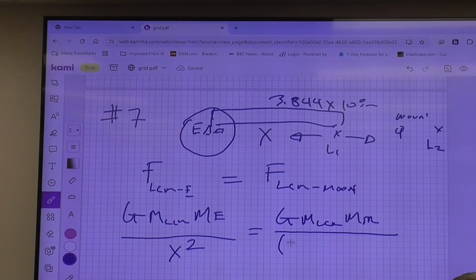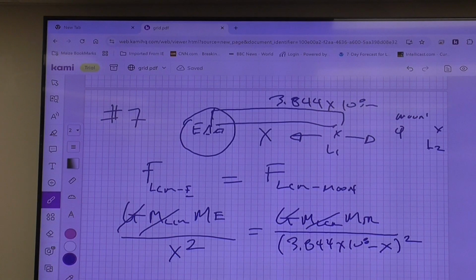So this distance is going to be 3.844 times 10 to the 8th meters minus x quantity squared. That's going to be important. It's going to be squared. Now, when you look at number 7, why didn't I give you the mass of the Lunar Command Module? Cancels out. That's why you don't have that number. What happens to big G?